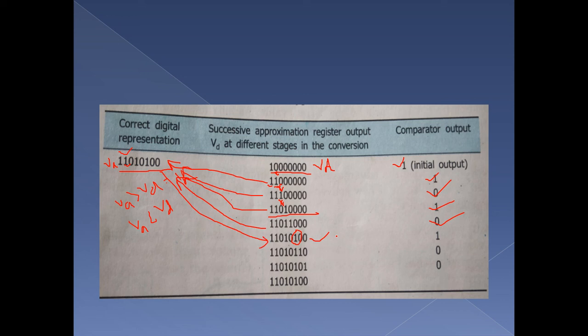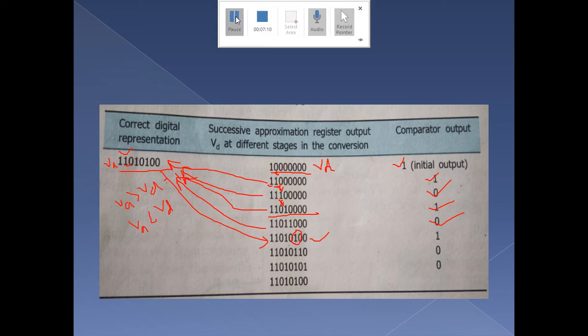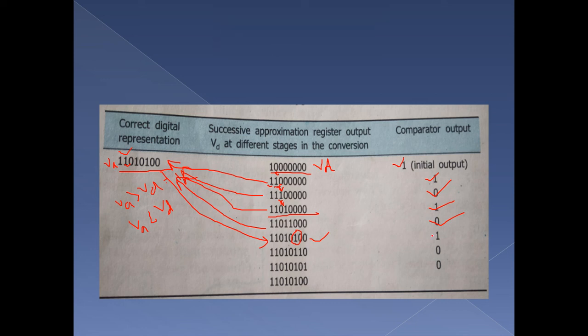When both are equal, the comparator output will be 1. Next we change the following bit to 1. Comparing with the input, VA is lesser, so the comparator output will be 0.